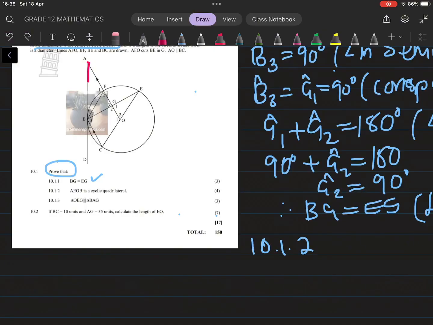We have A, B going up to E, and A, O. That's what we're trying to prove, that it is a cyclic quad. Now we need to show.